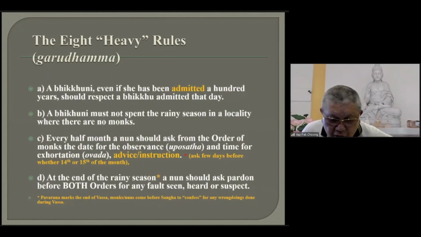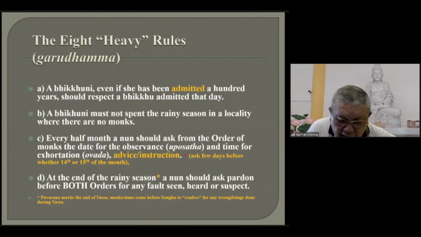But the question is, once you become a nun, the Buddha told this, you should accept this rule every half a month: before the Uposatha day, you have to first ask the monks what the exact date is for that ritual ceremony. Observance, they call it observance. Uposatha means every half a month, all the monks get together and chant the Vinaya rules, the Patimokkha rules. And any mistake they have made during that period, they have to confess.